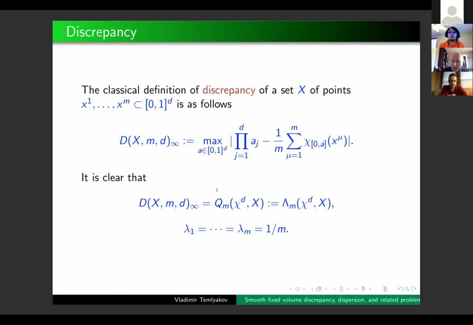You take a sequence. So now the sequence is given, and for the elements of the sequence, we calculate this quantity. And the conjecture of van der Waerden was that this cannot be of order 1 over n. So it should grow. And it turned out that, yes, indeed, this conjecture is correct.